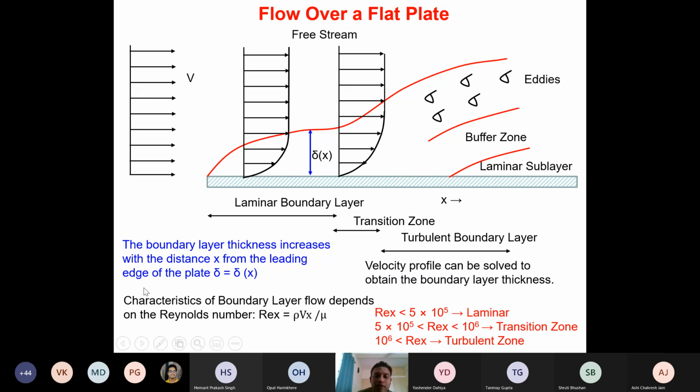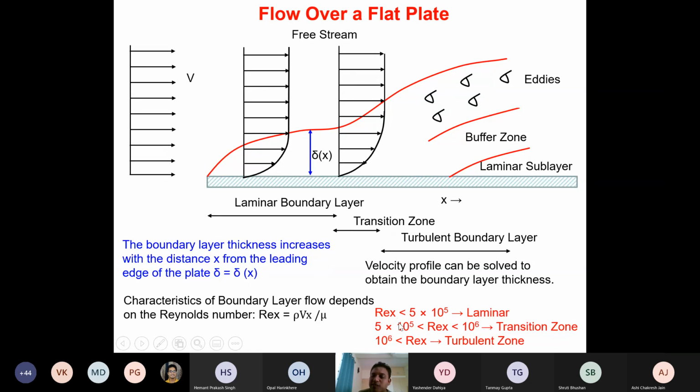Whether my boundary layer is in a laminar region is decided by the Reynolds number. If the Reynolds number is less than 5 into 10 raised to the power 5, then my boundary layer is in a laminar region.